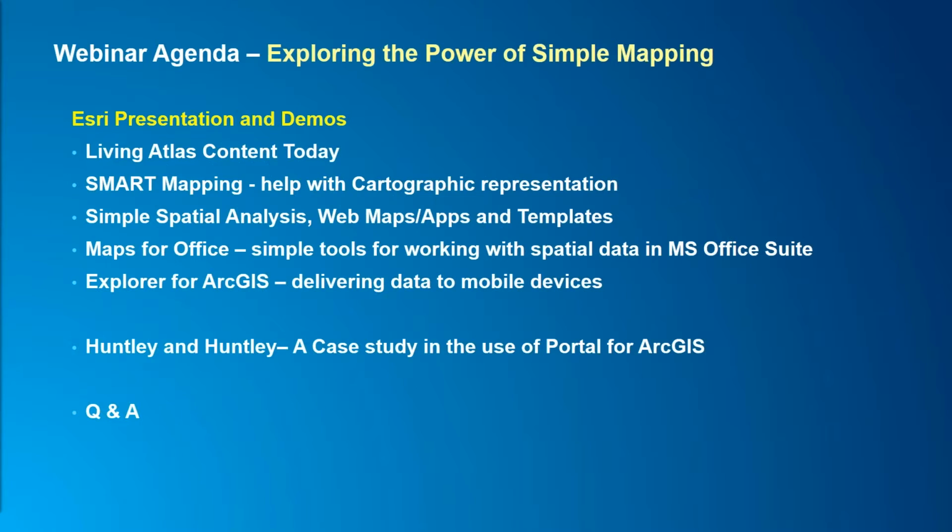Then we'll have a quick look at Maps for Office and some simple tools that will help you work with spatial data in everyday office applications. Finally, we'll take a quick look at delivering some of that same data to the simplest of our mobile apps, Explorer for ArcGIS. Then, perhaps most interestingly, Becky from Huntley Huntley will discuss how she's applying these capabilities to support some of her everyday workflows.